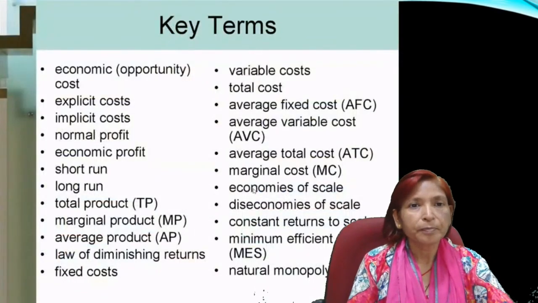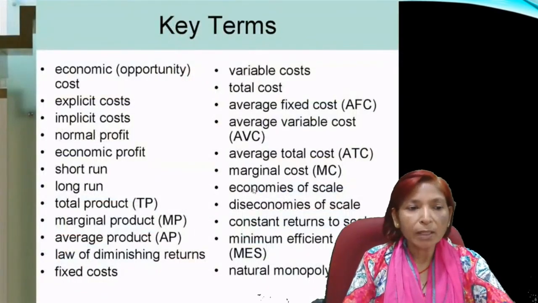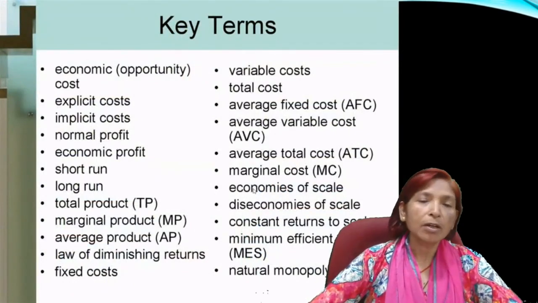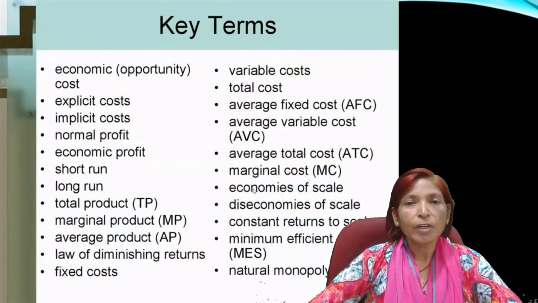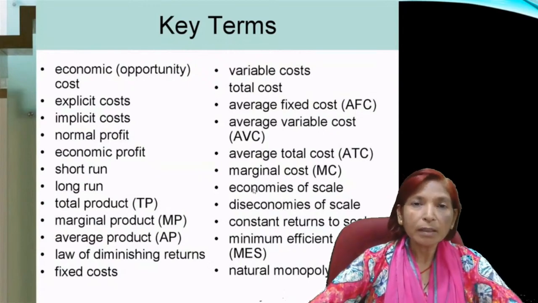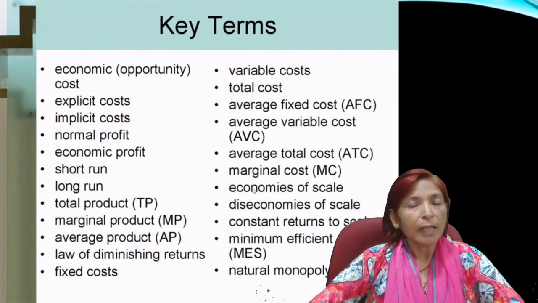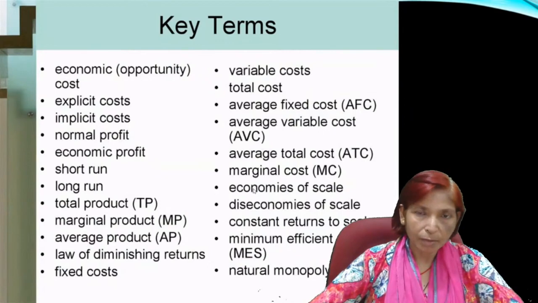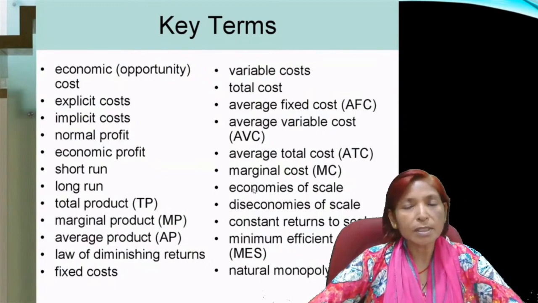Next, there are so many costs, like opportunity cost. Opportunity cost is that cost which is the next best alternative foregone. If we want to produce one commodity, then we have to sacrifice the production of other commodities. We know that resources are limited and wants are unlimited.